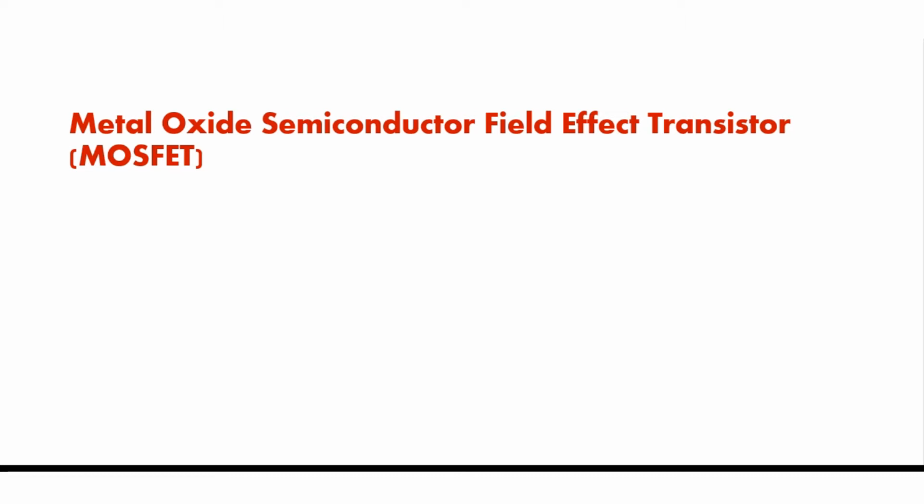The other member of this particular family, which has gone ahead of the junction field effect transistor in terms of its applications, is called the insulated gate type field effect transistor, that is IGFET, which is widely known as metal oxide semiconductor field effect transistor.